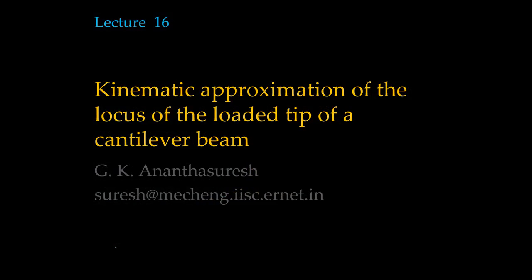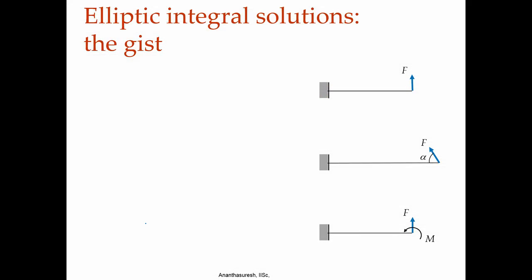So, let us look at this concept of kinematically approximating the locus of the loaded tip of a cantilever beam. Let us recall our elliptic integral solutions, the gist here. We considered three cases: purely transverse force, like over here, that is the first case, then an inclined force, second case, and a force and a moment, and you can also consider a case with inclined force and moment.